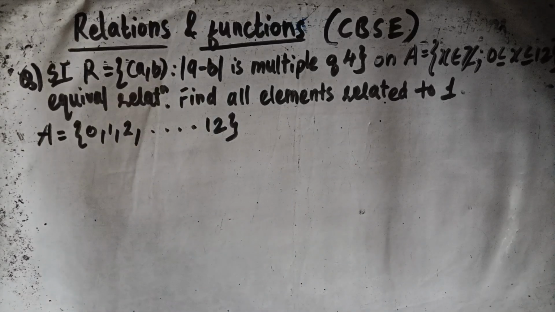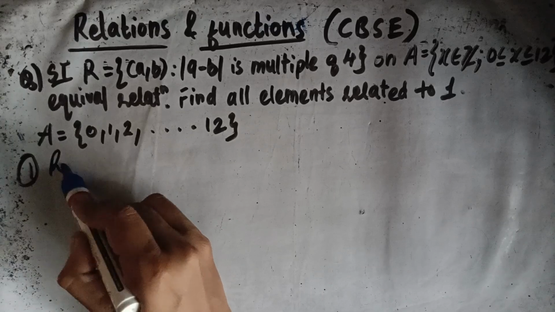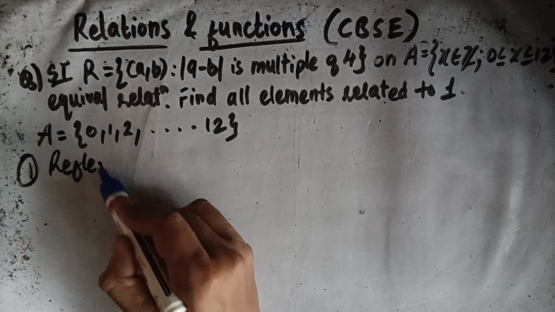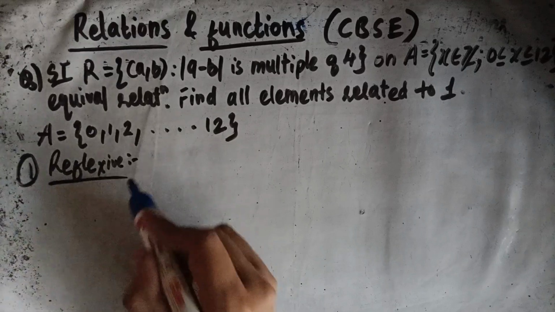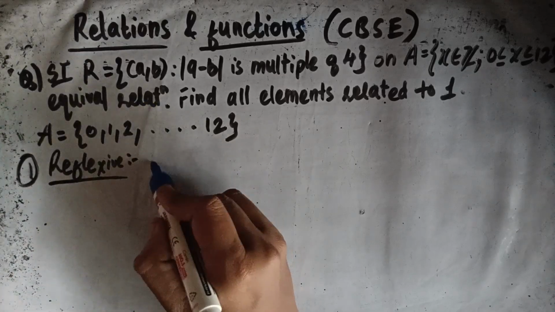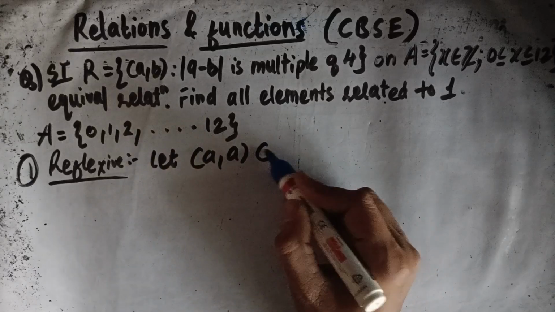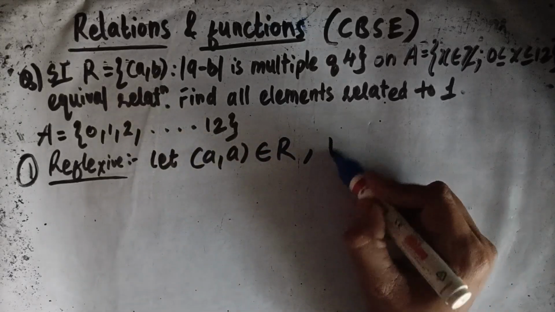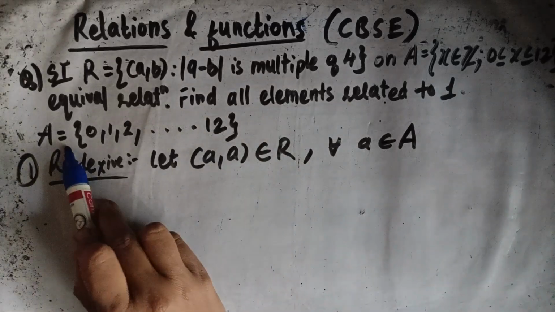First, starting with reflexive. You can directly take an element from the relation set. Say let (A, A) belongs to the relation set for all A belonging to this set.